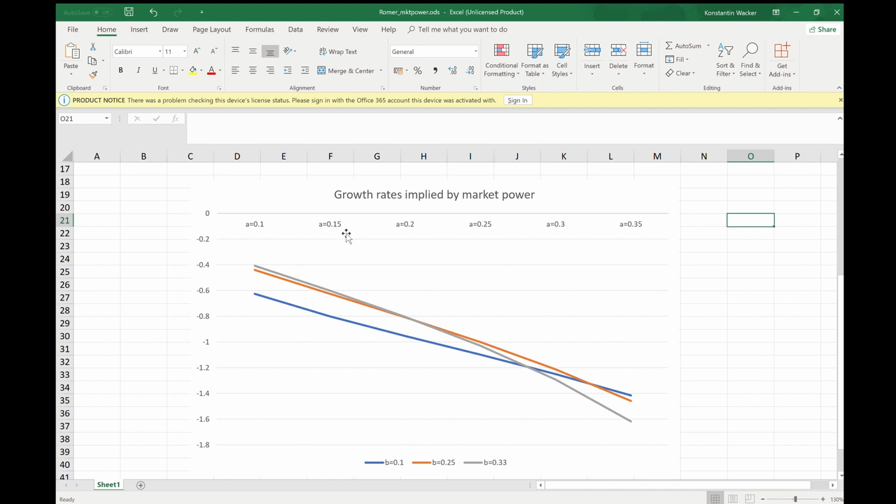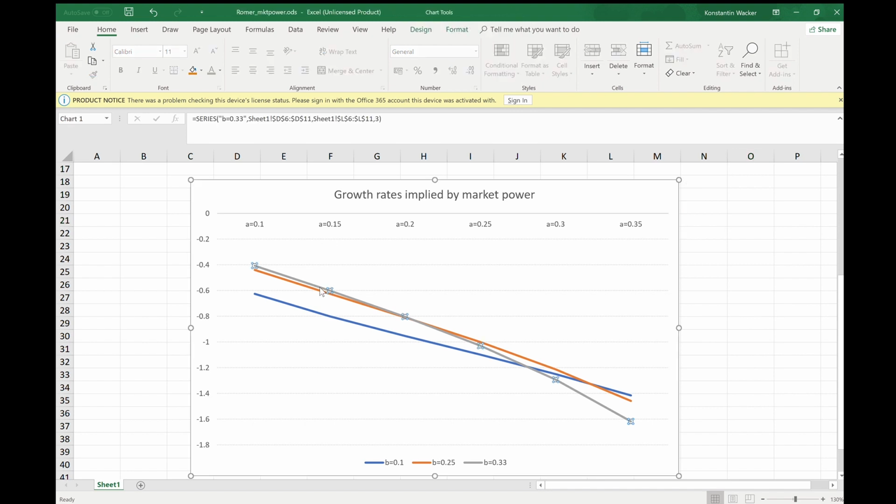We can keep alpha constant and look at an increase in market power that comes from beta. So let's say we're at an alpha of 0.15 and we're moving from beta equal to 0.1 to a higher beta. What does that mean? That means more market power for intermediate goods monopoly firms.